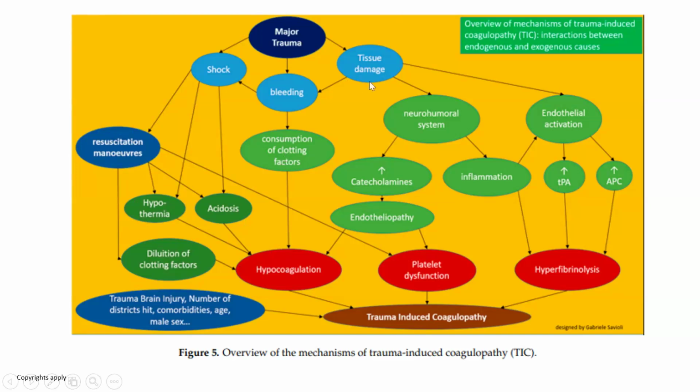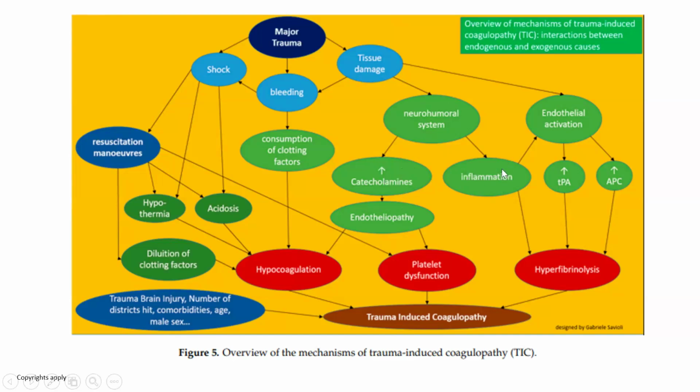Now, coming to tissue damage, because there is tissue damage and shock, the body goes into a defensive mode at that time. Because of the activation of the inherent homeostatic mechanism, the neurohumoral system gets activated, which causes an increase in catecholamines, and it sets in a process of inflammation.